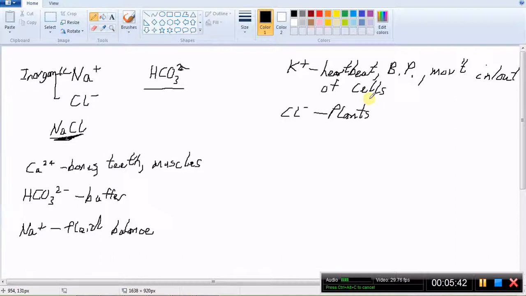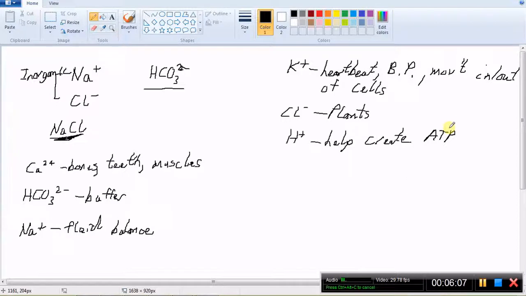The last one that's mentioned in your lesson is the hydrogen ion, H+. This has a real important role. It helps create ATP. Without the hydrogen ion, we would not be able to create ATP, and as we should know now, ATP is like the energy currency for the body.